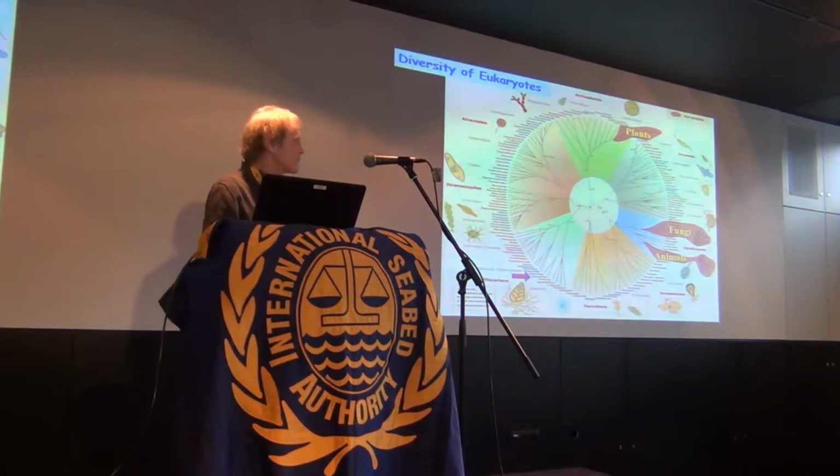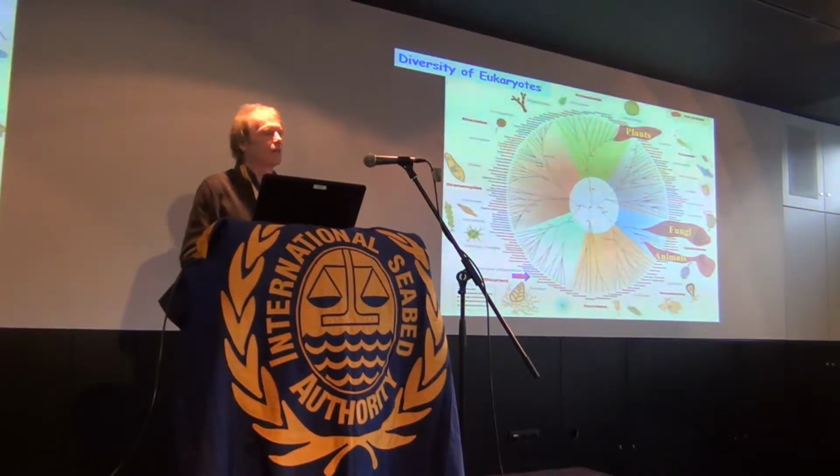Now, there have been enormous advances in recent years in our understanding of the relationships between different eukaryote groups. So this slide shows some of this wider context. Each of these lines is an evolutionary lineage. Three of these, the plants, the fungi, and the animals, are the organisms we see around us every day, the kinds of things we buy in the supermarket and eat.